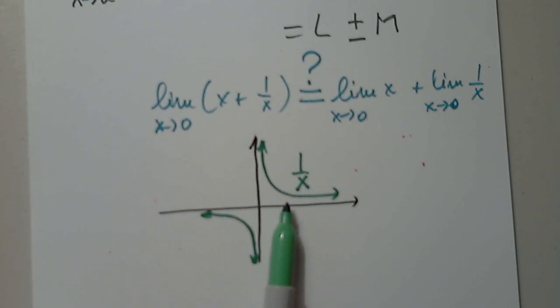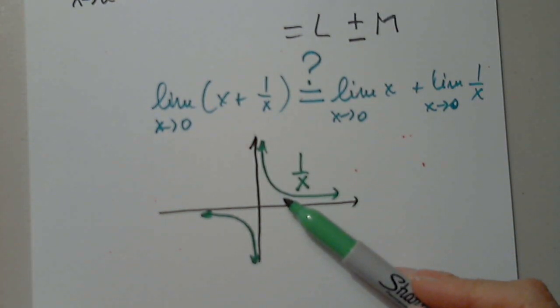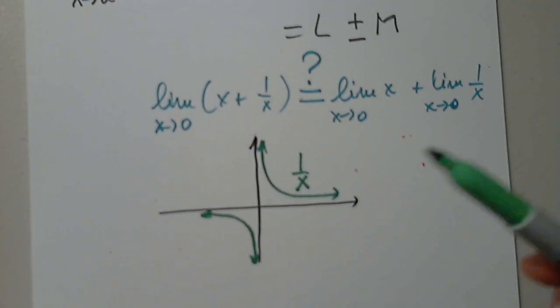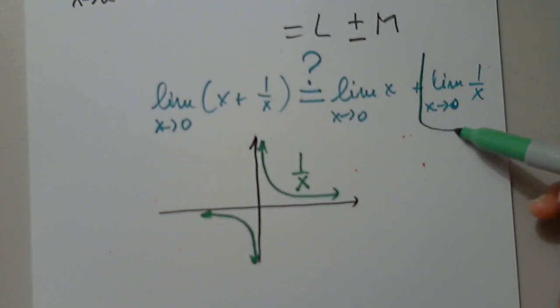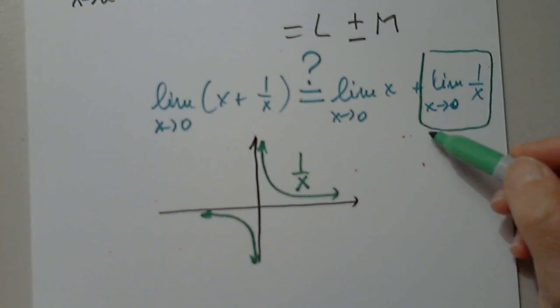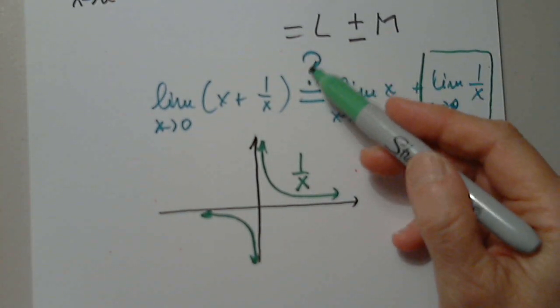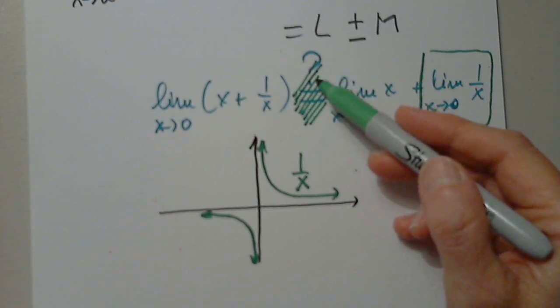Negative infinity. And the limit from the right of 0 is? Positive infinity. Good. So what will be this limit then? Does not exist.